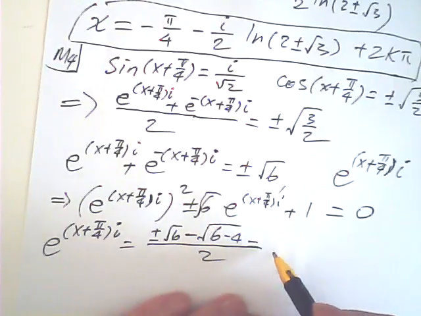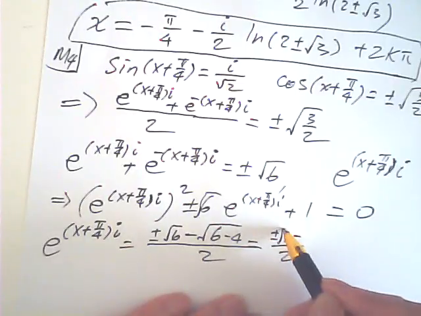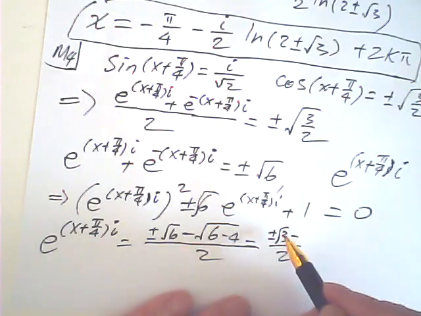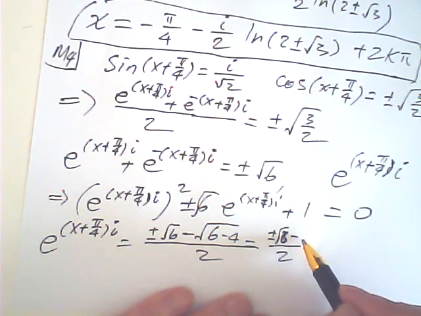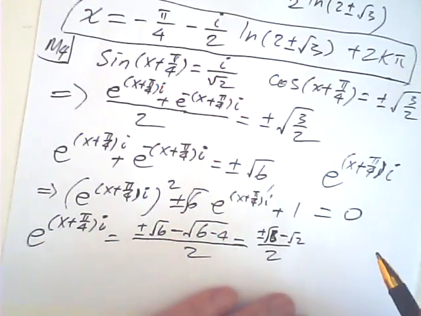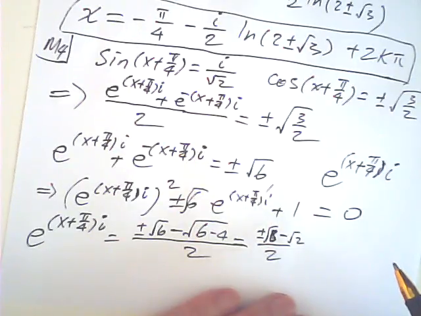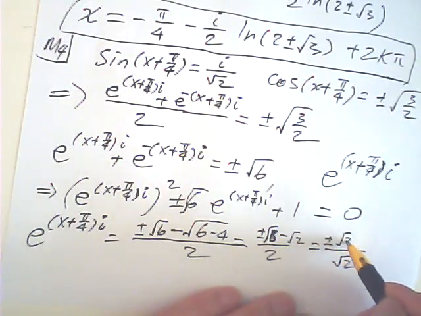So this is equal to 2, plus or minus, no, 6 minus root 2, divided by the negative 2, right? So this is equal to root 2 plus or minus root 3 minus 1.